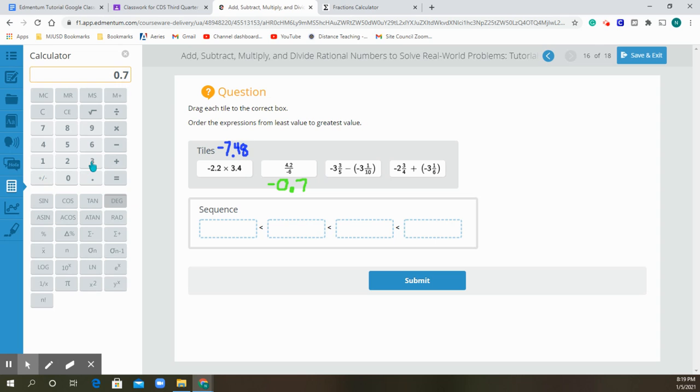So, 3 minus 3 equals 0, the 3's are going to zero out. So then we have negative 3/5 minus negative 1/10.